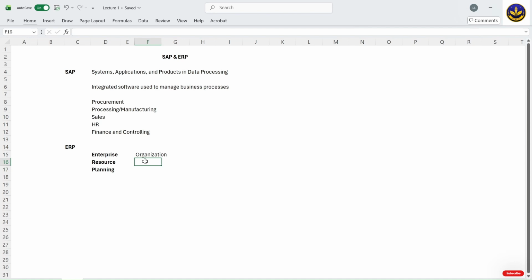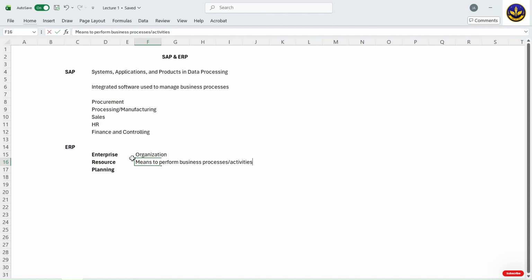And then we have resource. Resources are simply a means to perform business processes, or you can say business activities. So what can be the resources? These are the means.